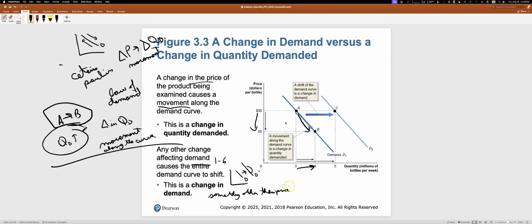So we're not using ceteris paribus anymore. In other words, we say that demand changes. In this case, we're going from A to C, which would be an increase in demand.